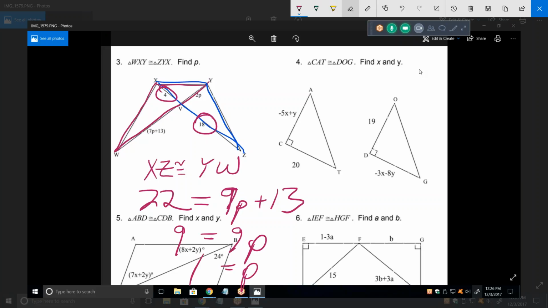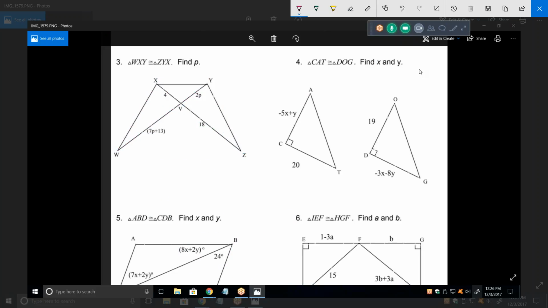Well, the longest side of both triangles is that one right there. So those are what are equal to one another. And then you just have to come up with an equation. The secret to math is always translating what you see in a figure to an equation and then solving that equation.